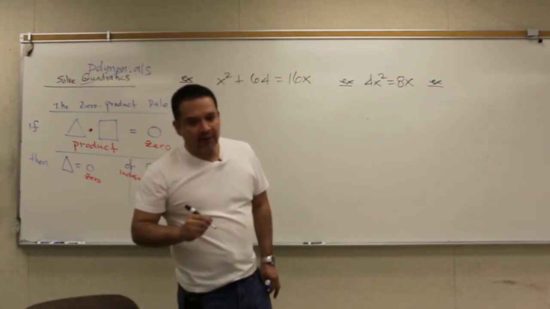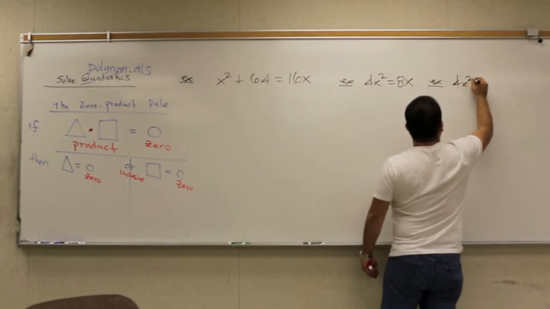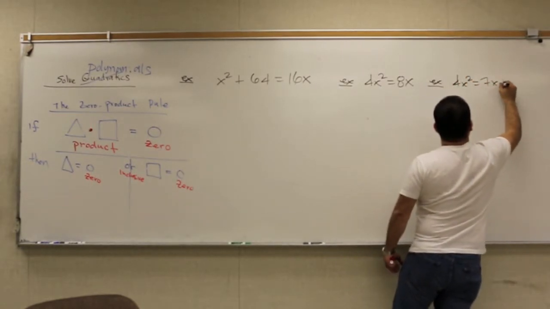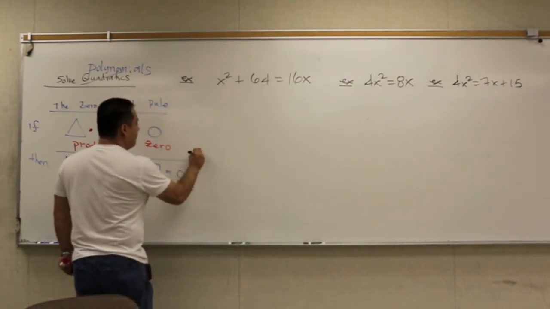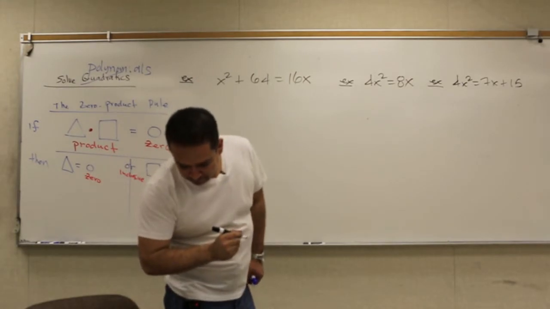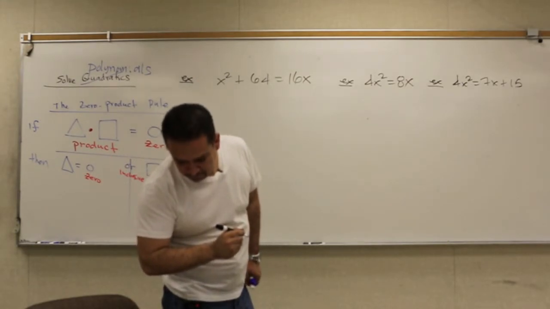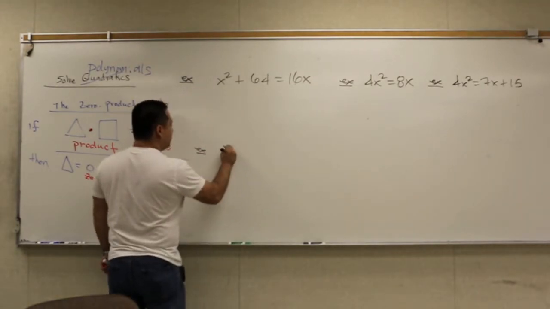Four x squared is 7x plus 15. x squared, 2x minus 1 is 3x.